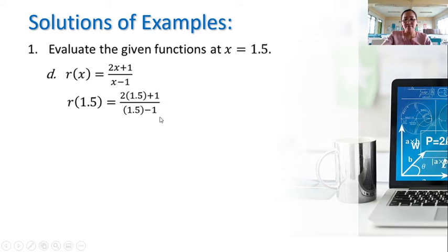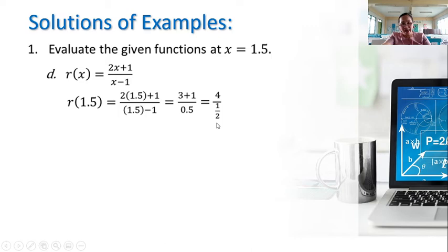Simplifying this portion here, this will become 3 plus 1, all over 1.5 minus 1, which is equal to 0.5. Now simplifying again this fraction, this becomes 4 all over 1 half, since 0.5 is equivalent to 1 half.